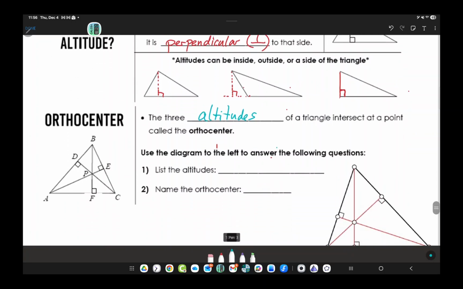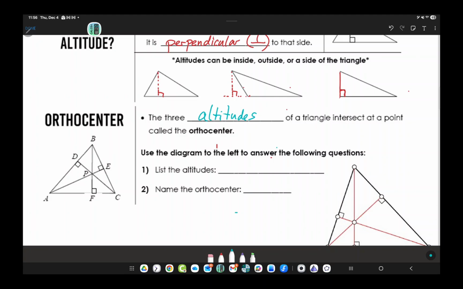Now, there is no relationship with orthocenter. It's just basically you have a bunch of right triangles. If you need to solve for something, you're going to do Pythagorean theorem. That's the only thing you can do. Nothing is congruent. Nothing is equal. Nothing has a ratio. Just a bunch of right triangles.